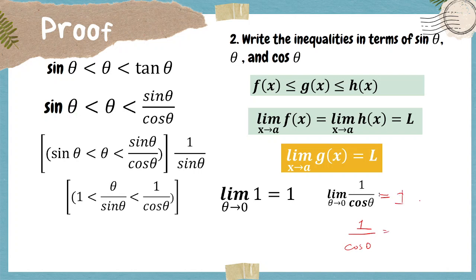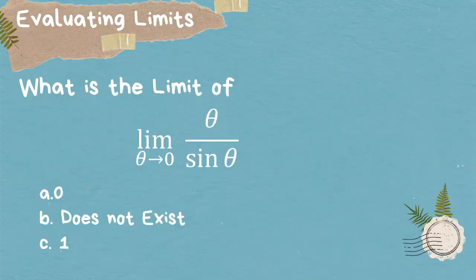So therefore, 1 divided by 1. The first function is equal to the second function. Then what is the limit of the middle function? The limit of the middle function is 1, not 0.